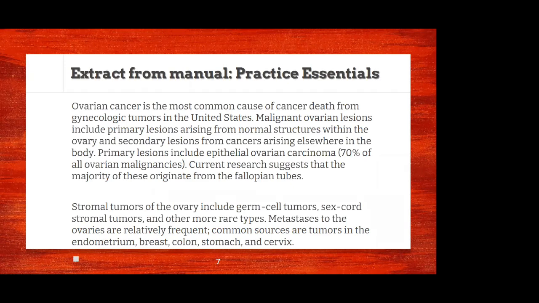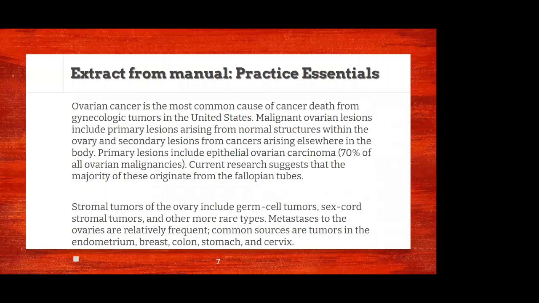Primary lesions include epithelial ovarian carcinoma, 70% of all ovarian malignancies. Current research suggests that the majority of these originate from the fallopian tubes. Stromal tumors of the ovary include germ cell tumors, sex cord stromal tumors, and other more rare types. Metastasis to the ovaries are relatively frequent. Common sources are tumors in the endometrium, breast, colon, stomach, and cervix.